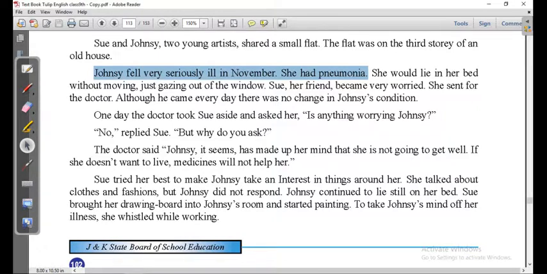Just like these days we see that people get pneumonia due to COVID and they need oxygen. Pneumonia affects your lungs. It's very difficult to breathe when one suffers from pneumonia. It is a medical disorder.